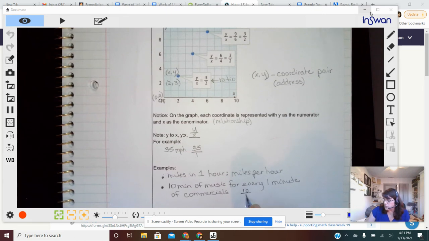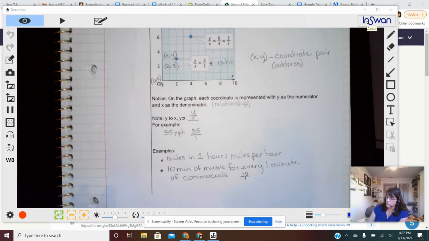A 10 to 1 ratio. Now it might be the ratio if you don't have Spotify Premium. If you listen to Spotify free, you might get this much music or this many songs per time for commercials.